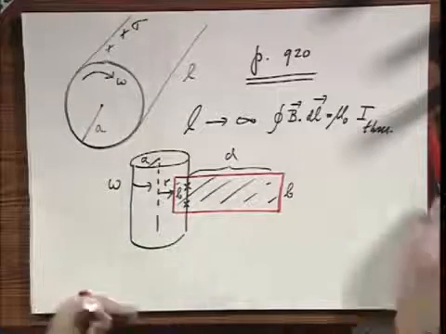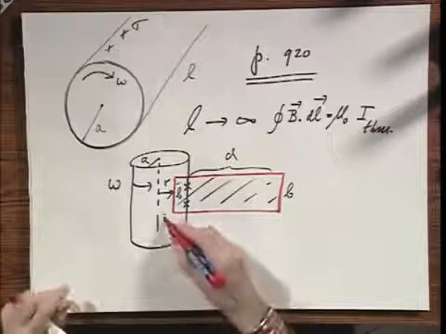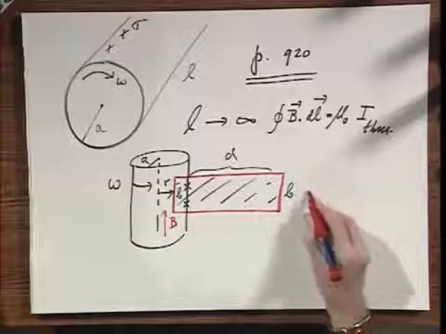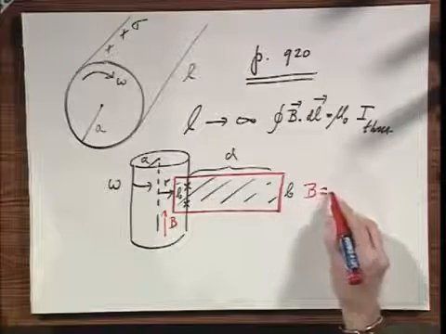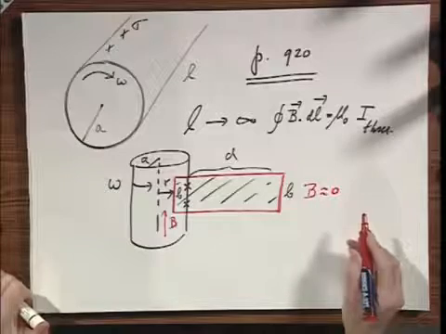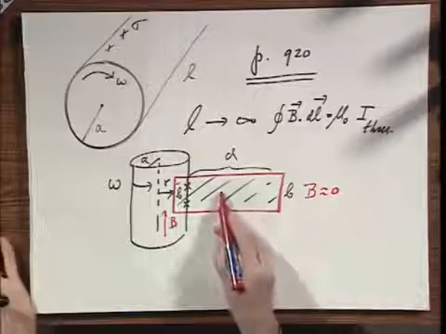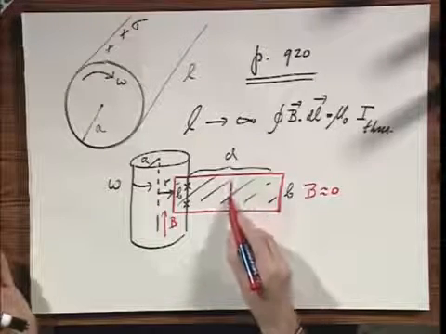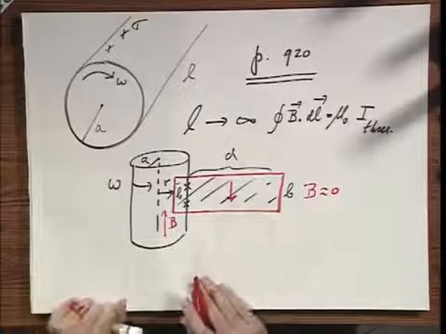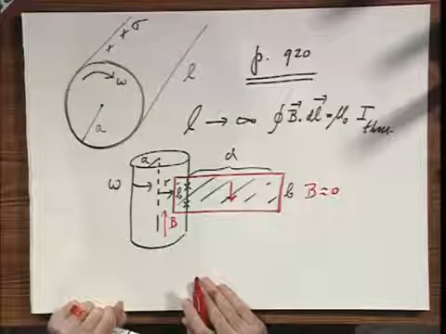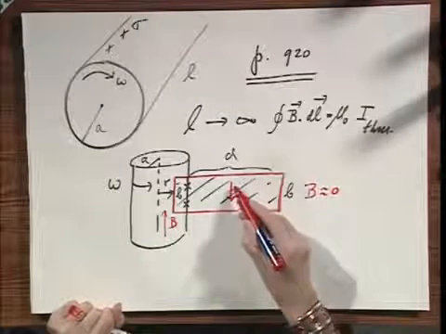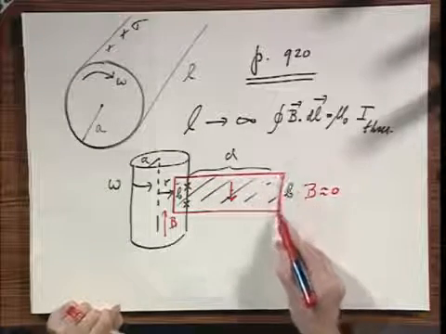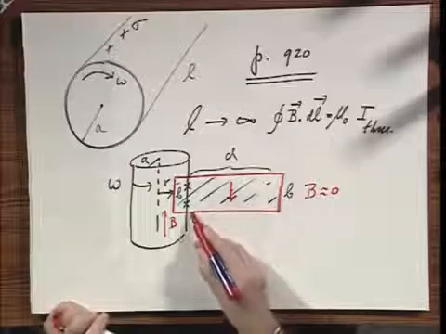Well, the magnetic field, by convention, must be here in this direction. The magnetic field here, if I'm very, very far away from the cylinder, clearly has to be 0. And the magnetic field here, well, if there is any, it would have to be in this direction for reasons of symmetry. Well, here it is clearly everywhere perpendicular to the dl if I go around in this direction, and it's everywhere perpendicular to the dl if I go in this direction.